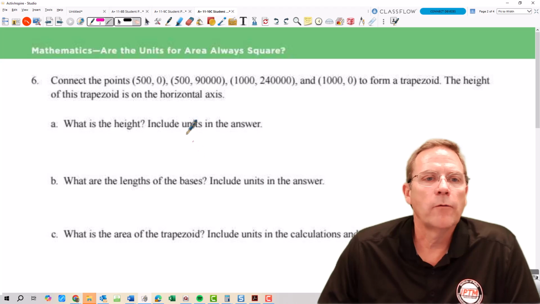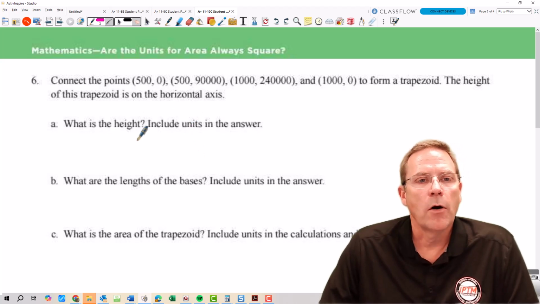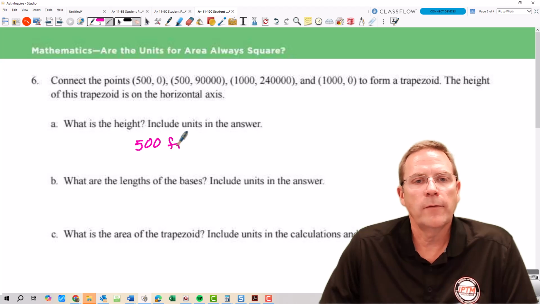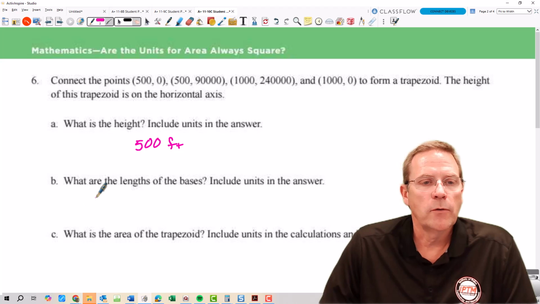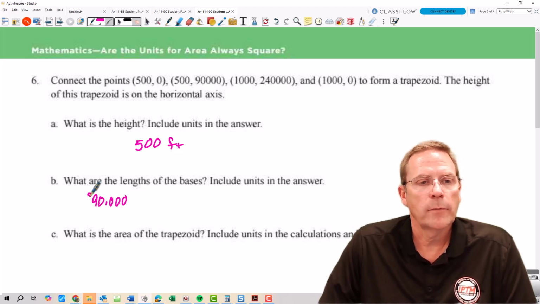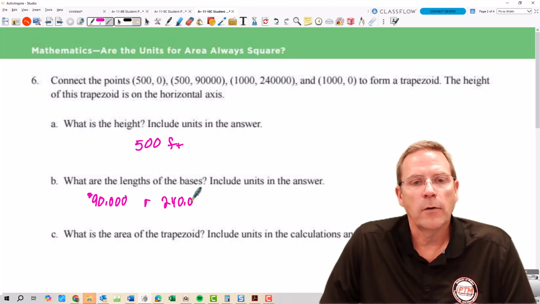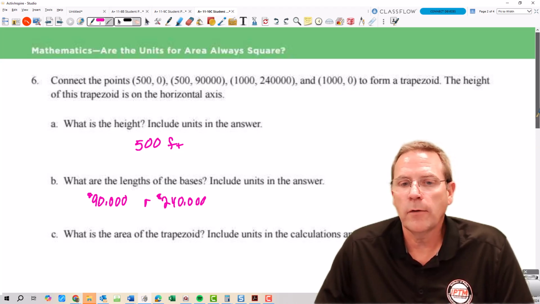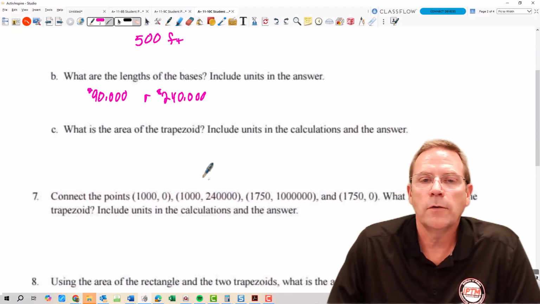So jumping back over here and answering the questions, our height that we discovered is going to end up being 500 feet. The lengths of the bases, including your units, that we discovered were $90,000 and $240,000, including our units.